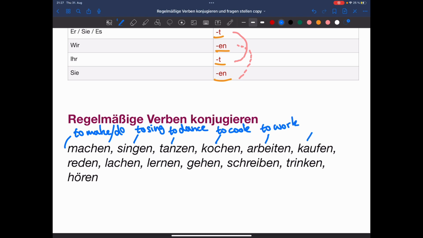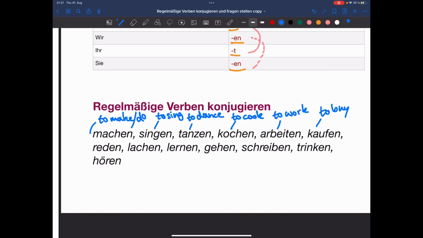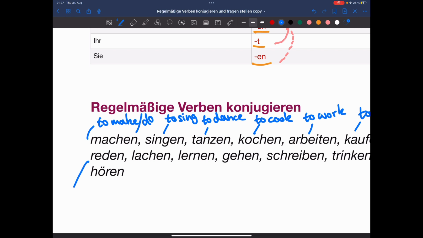Then we have kaufen, which means to buy. Okay, then we have reden. Reden means to talk. And we have hören, which means to hear. Then we have lachen, which means to laugh.